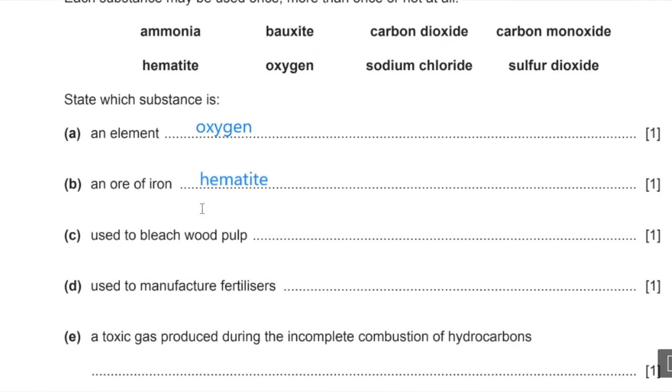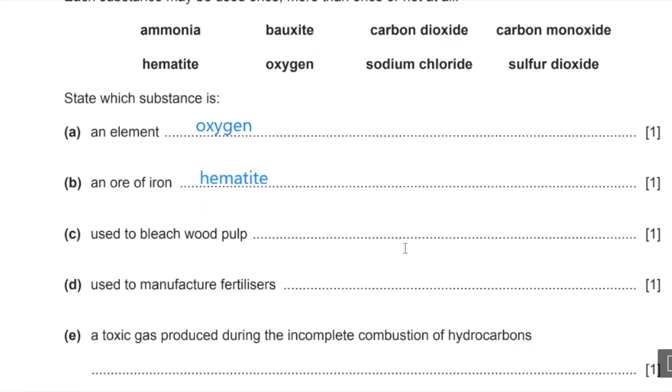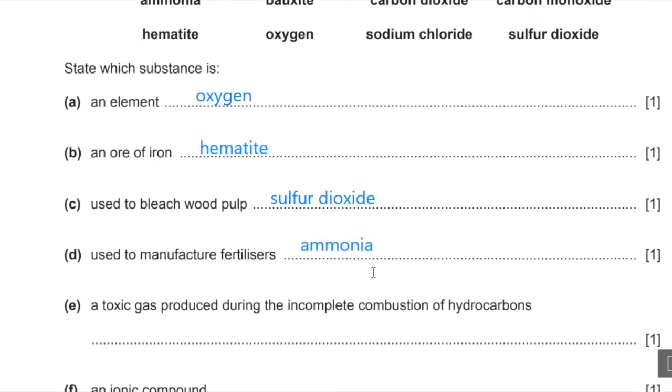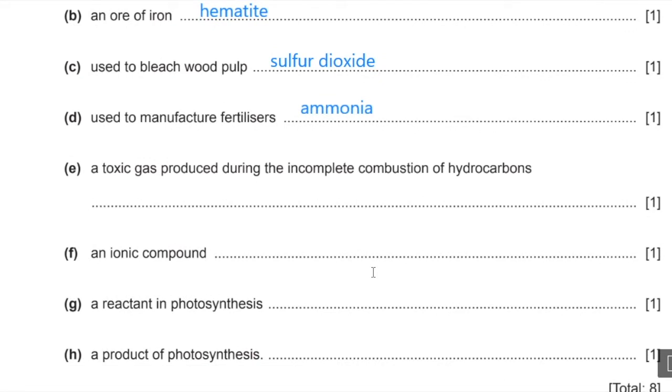C, used to bleach wood pulp. So we have sulfur dioxide over here. And then, used to manufacture fertilizers, which is ammonia. E, a toxic gas produced during the incomplete combustion of hydrocarbons, which is carbon monoxide.